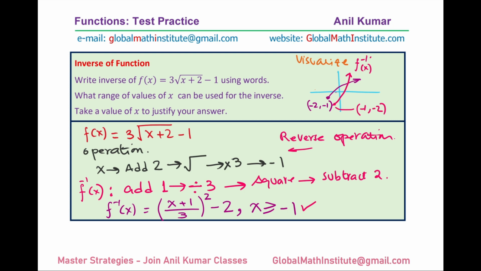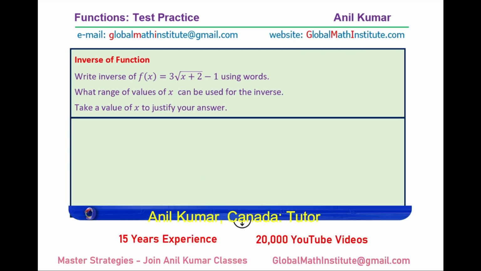Perfect. Now let's answer question number 2, which is what range of the values of x can be used for the inverse? So the range of the values are greater than minus 2, right? So part B, let's do it on a fresh page.